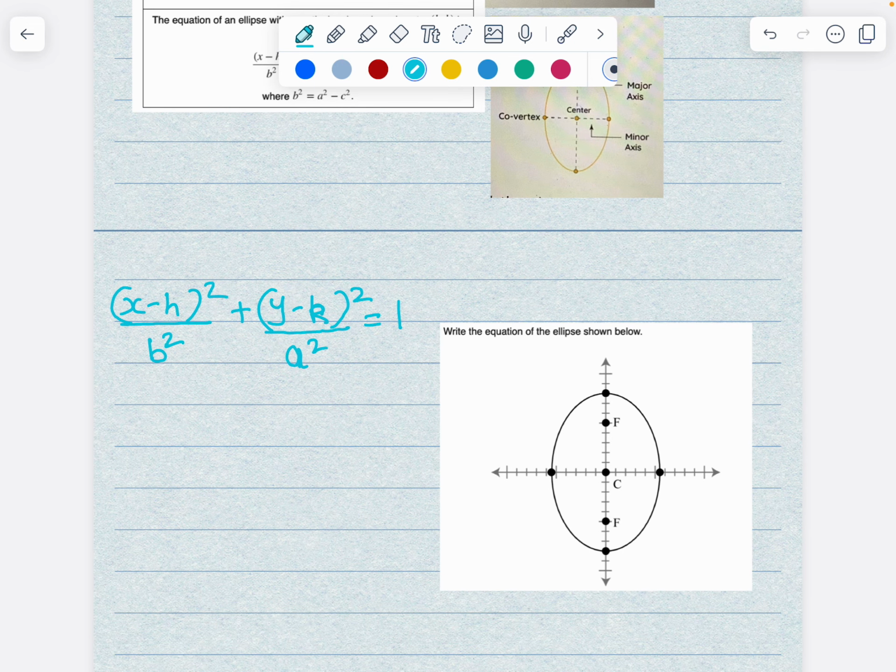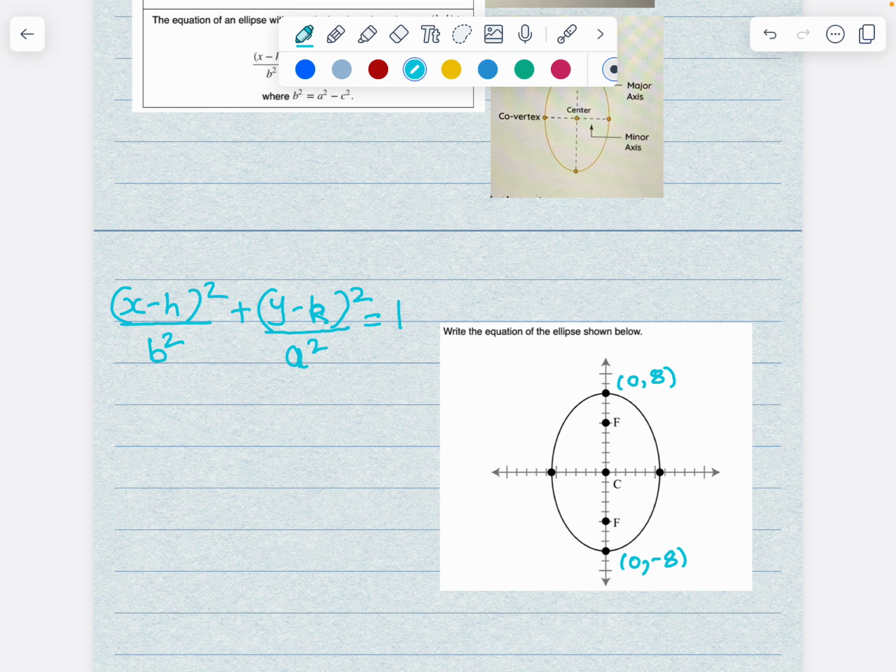So let's find out these various values. Let's look at the length of the major axis. We have 1, 2, 3, 4, 5, 6, 7, 8. So this point is (0, 8) and this is (0, minus 8).